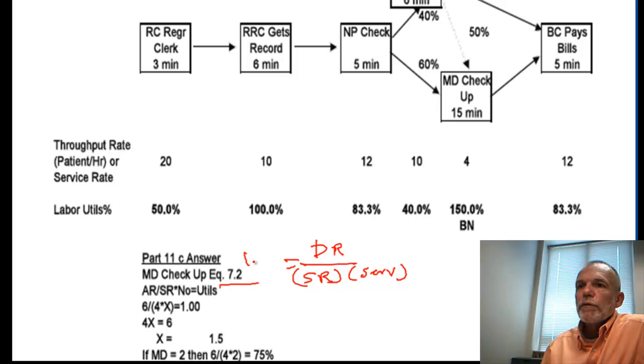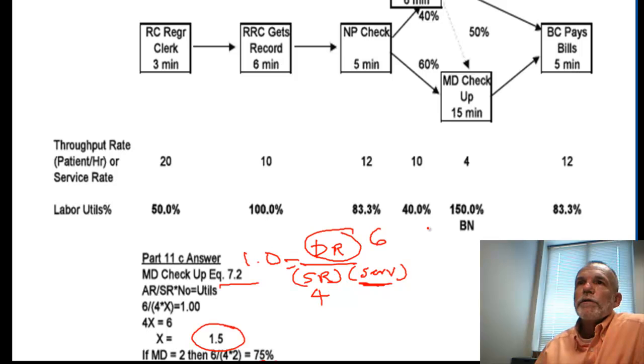We're going to set that equal to utilization and make the utilization 1. The demand rate here would be 6, and our service rate is 4. If we solve for the number of servers we would need to be at 100% utilization, we get 1.5, or if you round it up to the next whole number, 2. Then we see that if we did have 2, that would be a 75% utilization. So that's the first parts, I believe parts A, B, and C of that problem. Thank you.